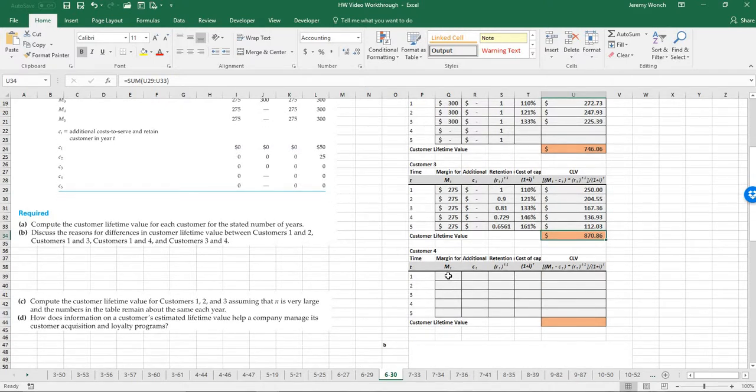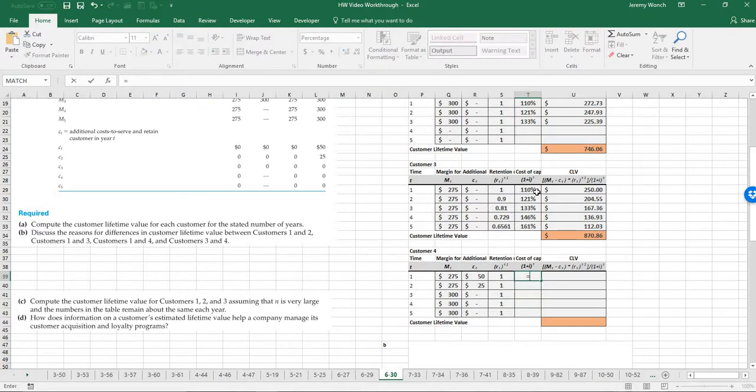And then the last one, customer 4. Their profit margin actually changes, so it's expected to go up in year 3. But we do have a cost to serve them. And their retention rate is 100%.